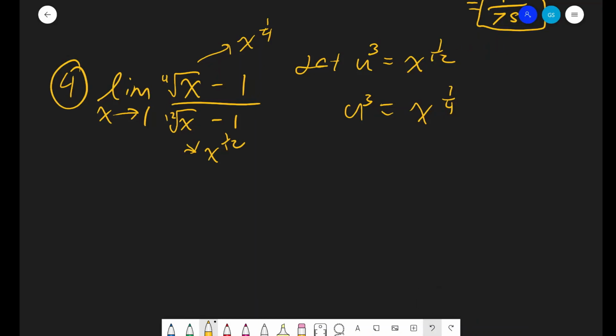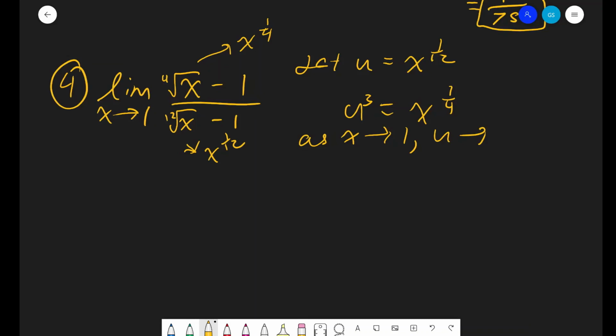Basic idea. So we've set ourselves up the variable. Now we have to define as x is approaching, or as u is approaching, I should say. As x approaches 1, u approaches what? Pause the video and see if you can figure that out.